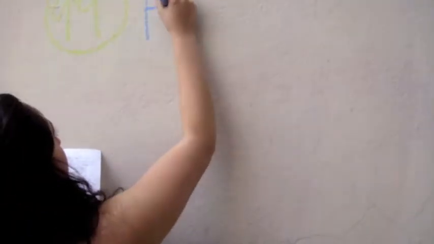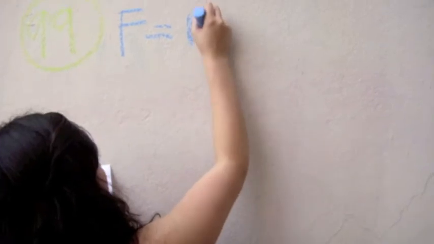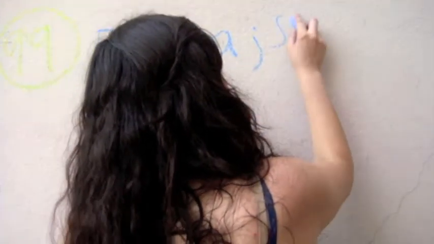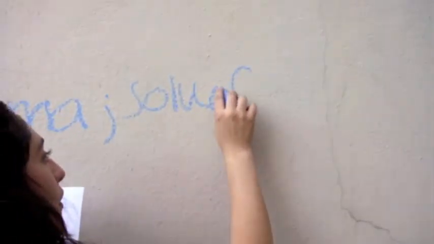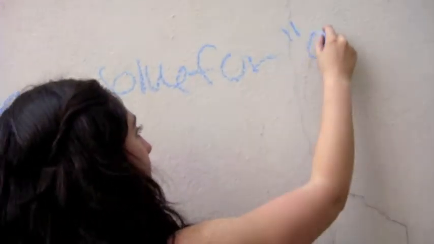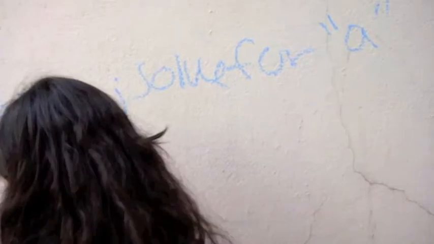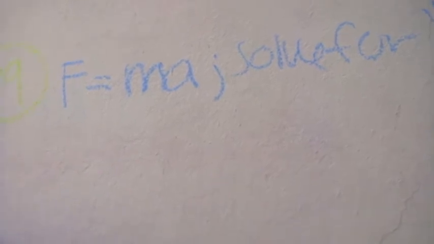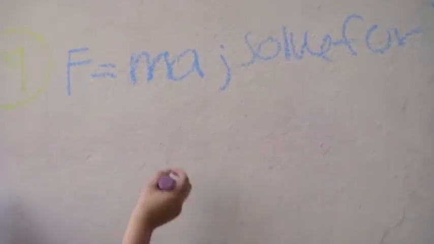Problem 99. The problem is F equals m times a, and it is solved for a. This problem we will solve by solving for the variable a. So the first step is to pass the m to the other side.